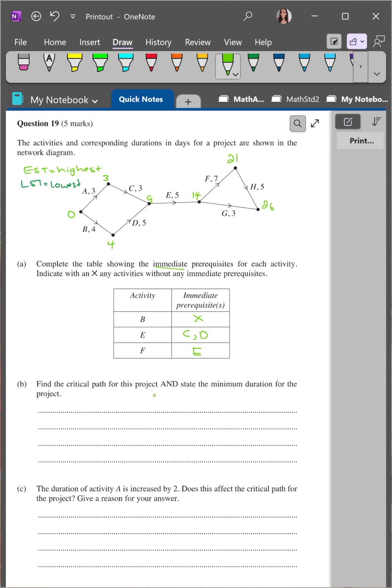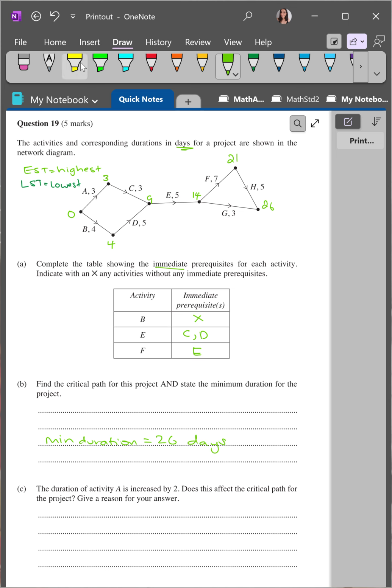So find the critical path and state the minimum duration. So the minimum duration is 26 because at the end of our EST, the final node was equal to 26 and the duration is represented in days. See, it says days here.